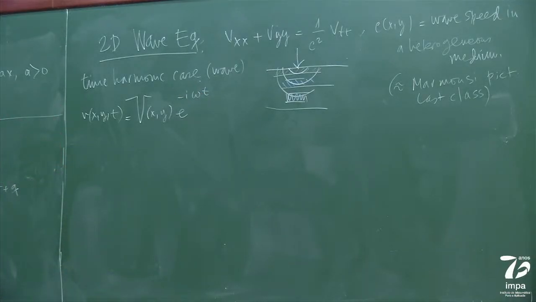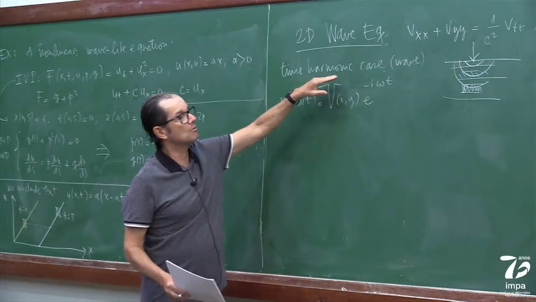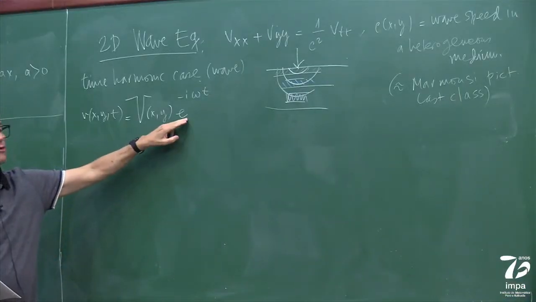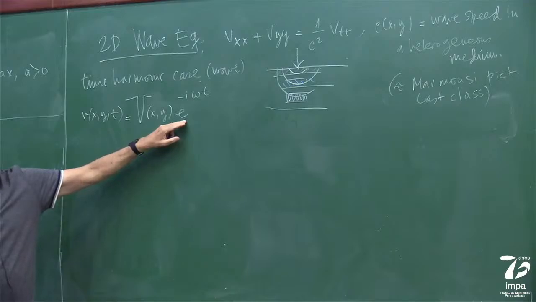Okay? So what I mentioned about a time harmonic case, which is a simpler wave that is oscillatory in time, and instead of putting a sine or a cosine, let me put the exponential, which is easier to manipulate, because if you differentiate it, it becomes an exponential.